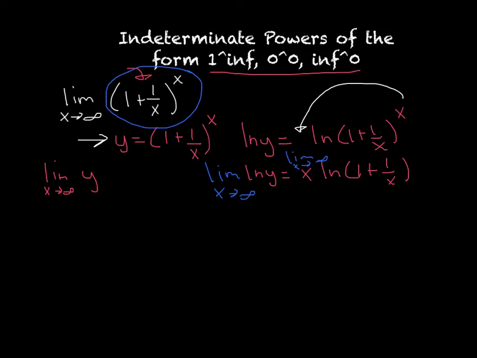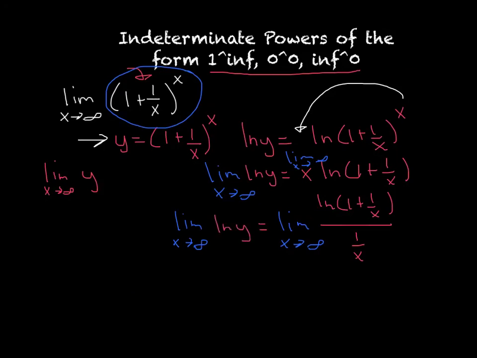And if we do that on the right side, we can rewrite this as we did earlier in this video, as the natural log of 1 plus 1 over x, over 1 over x. And once again, we are taking the limit as x approaches infinity of that function. And on the left side, we have the limit as x approaches infinity of the natural log of y.